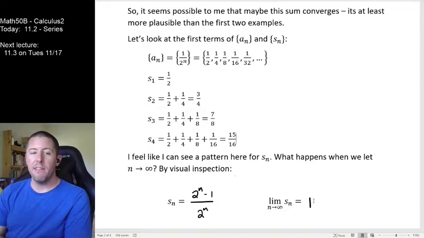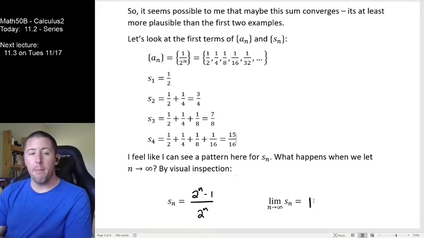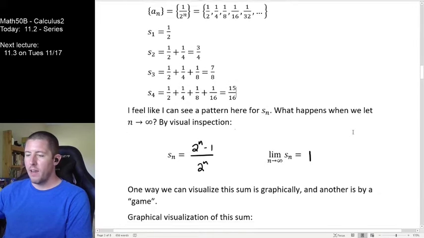Even though we're adding up an infinite number of numbers, it seems like we're getting a finite result of just 1. And I feel like I know that because I'm looking at my sequence of partial sums, our sums so far, and I let these tend off to infinity. And it seems like we're not breaking over this boundary of 1 right here.